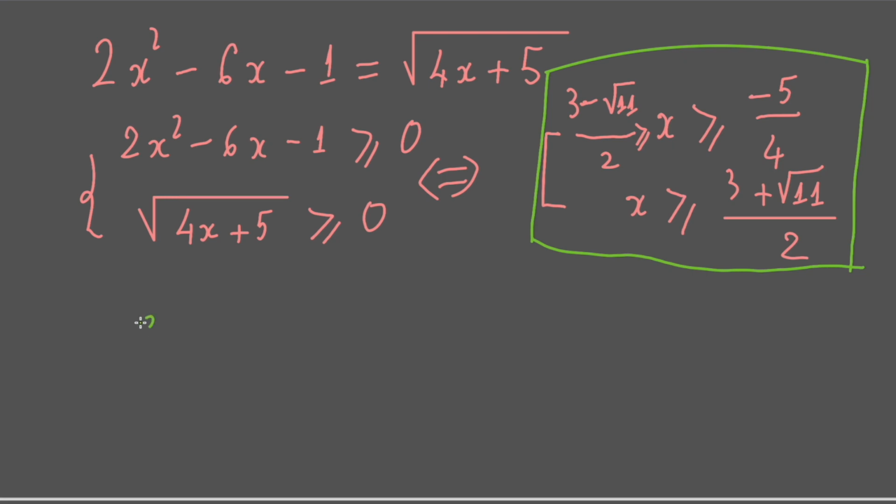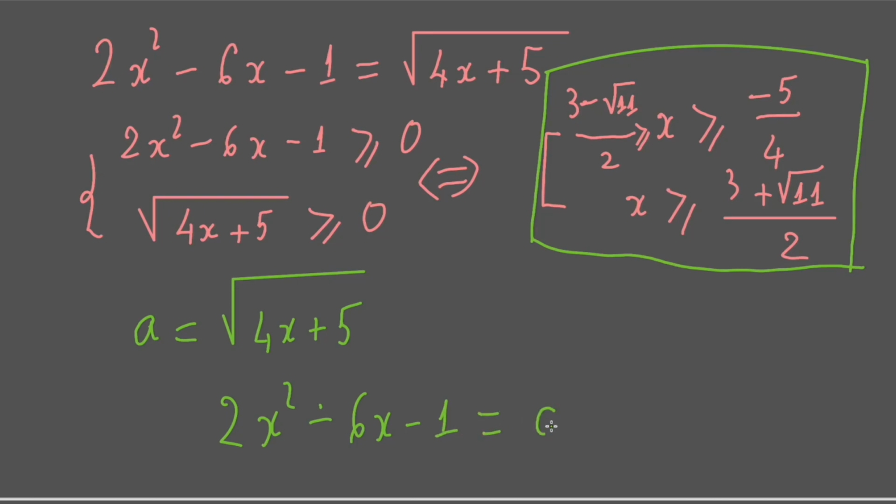If we put a equal to the square root of 4x plus 5, then we cannot connect the left-hand side with the right-hand side.